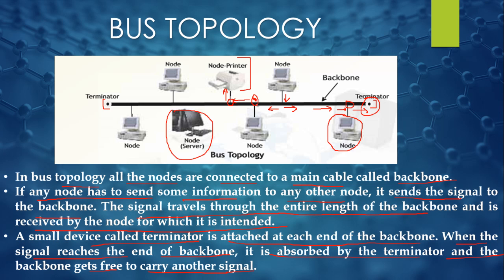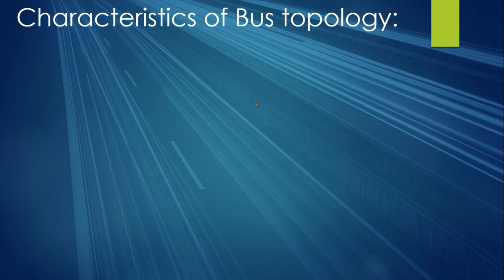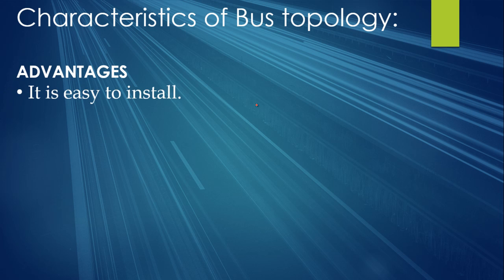Now after that we discuss some characteristics of the bus topology. The first advantage is that it is very easy to install. The network administrator just has to install a single cable throughout the room or office, and whenever he wants to set up a system, he just connects that system at that point.